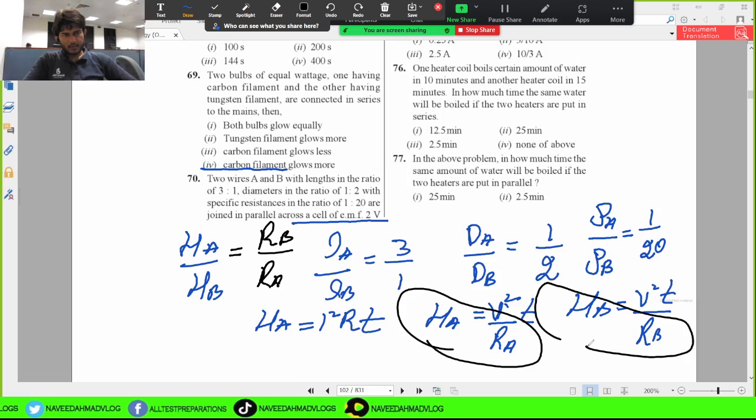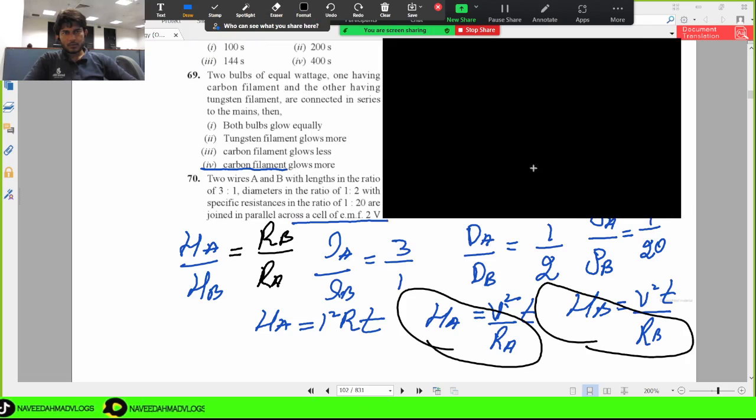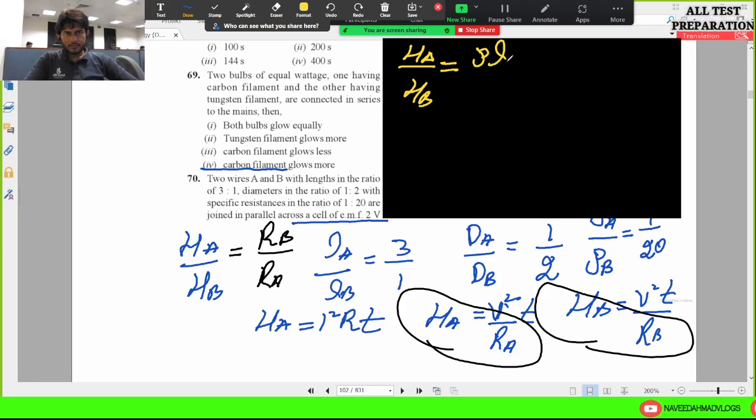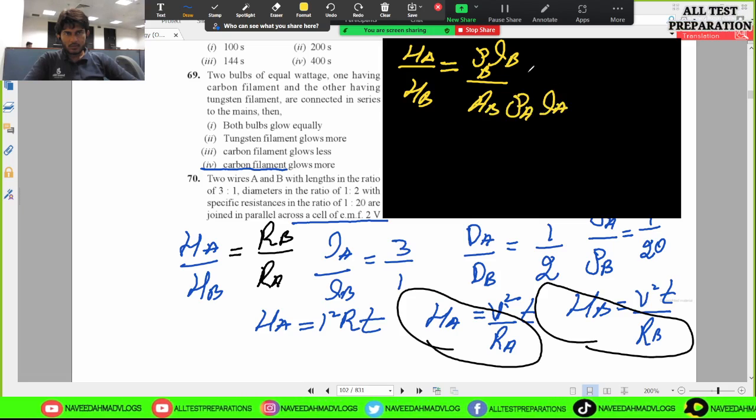So now HA divided by HB will be equal to rho LB over AB into rho A LA divided by AA.